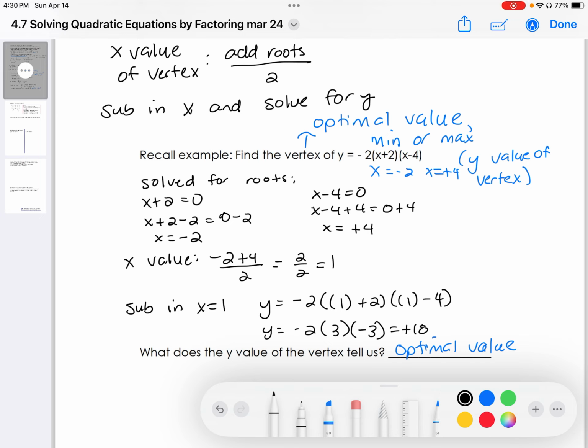So now we have a vertex, and I'm just gonna sketch 1 and 18 is way up here, and the parabola opens down because of the negative value. Okay, and so this is a maximum.